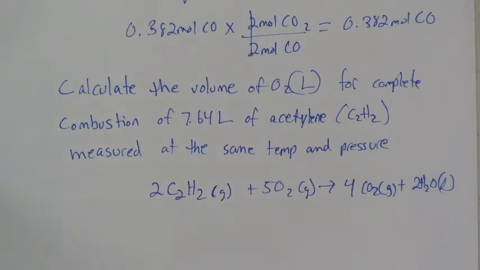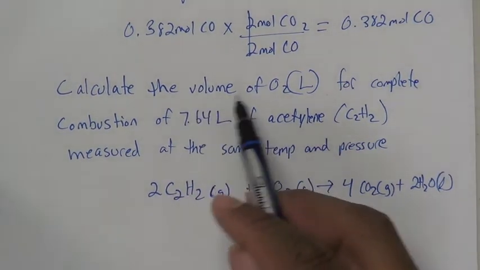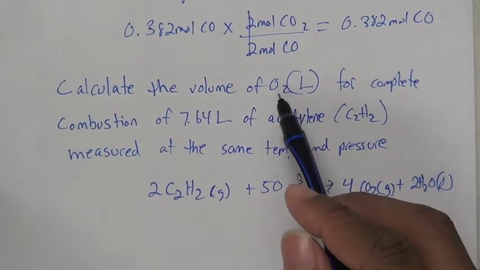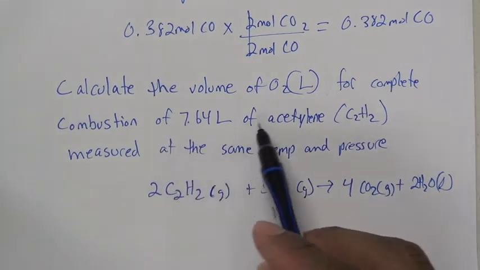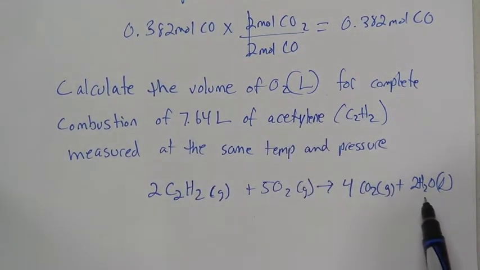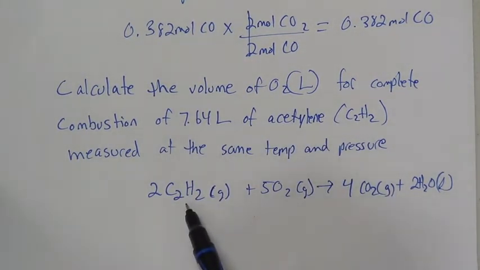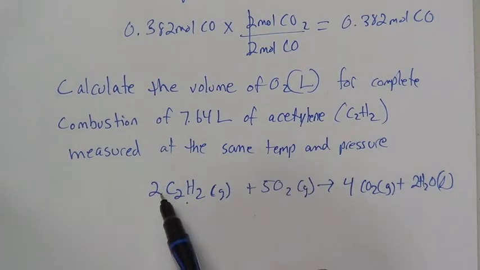Well, we know that the number of moles, according to Avogadro's law, is directly related to the volume. So from this equation, the ratio between molecular oxygen and acetylene is 5 to 2.